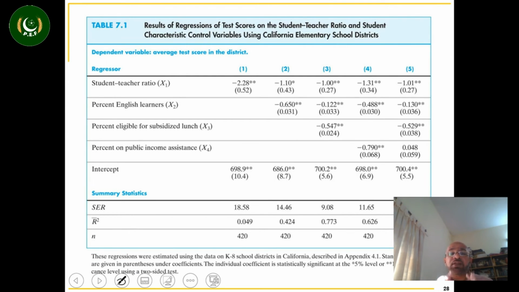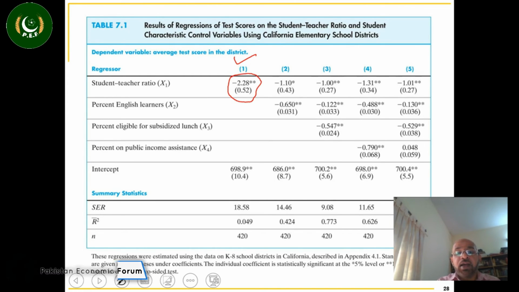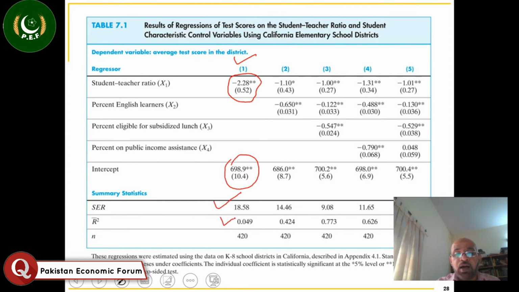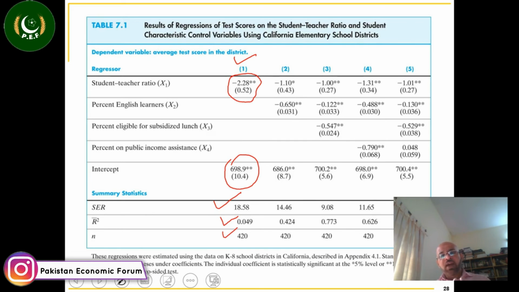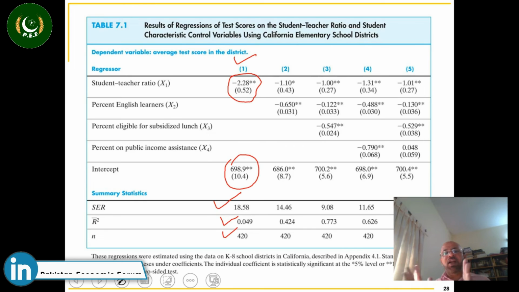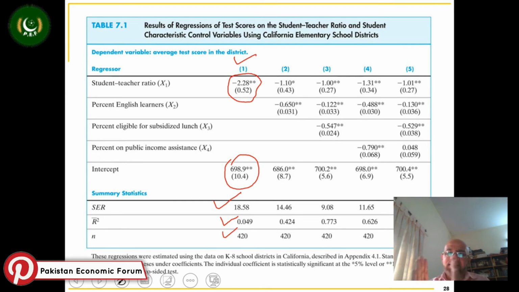The first model which we discussed was in chapter 4, that is, test score regressed on class size, with intercept, standard error of regression, R bar square, and this one. How we get the results in this nice format, we will also discuss in our next workshop on reproducing all these results in exactly the same way.